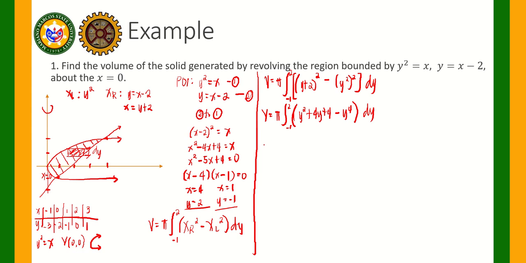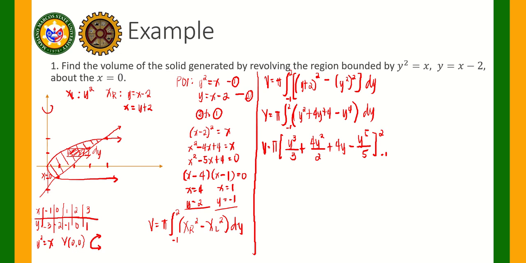So, this is equal to pi multiplied by the integral of y squared dy, that is equal to y cubed over 3 plus 4y squared over 2 plus 4y minus y raised to 5 over 5, limits from negative 1 to 2.